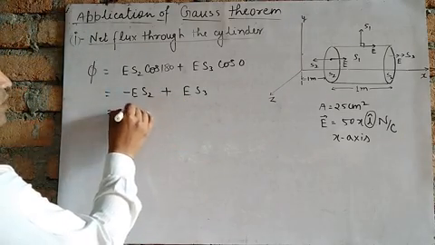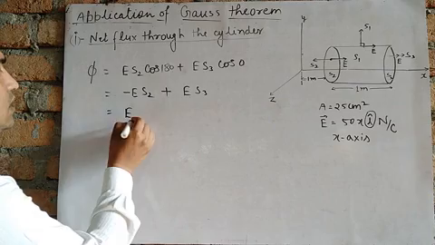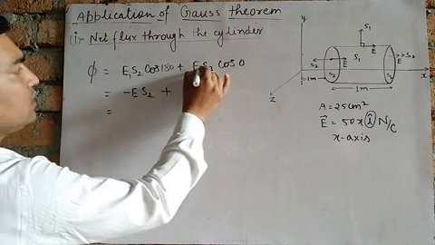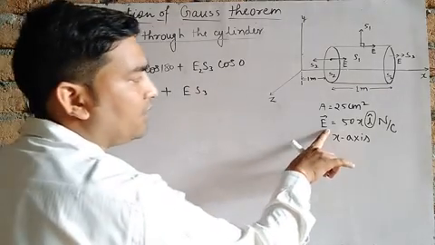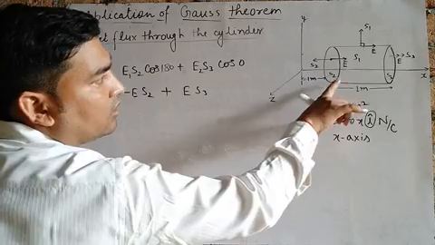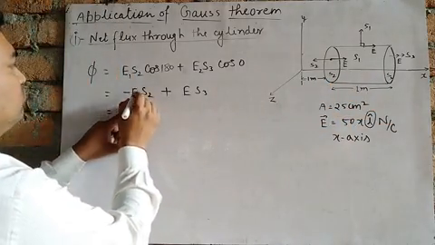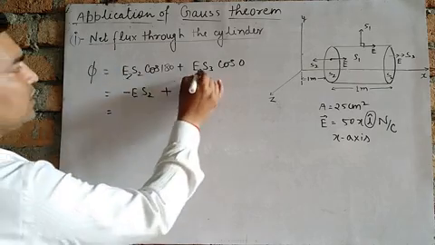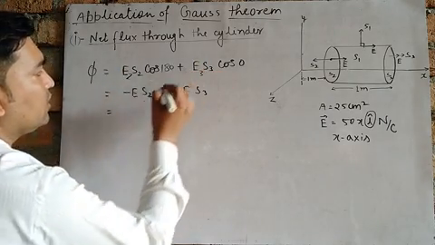Take common E. No. This is E1 and this is E2, because the electric field is variable. And this is E2 and this is E3.